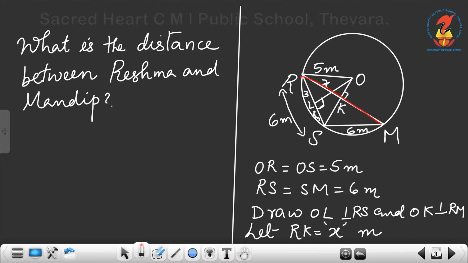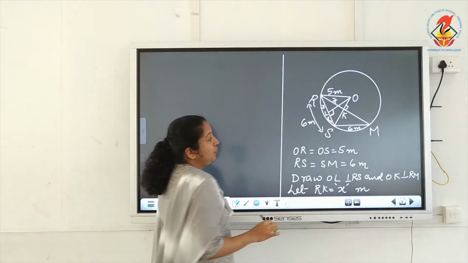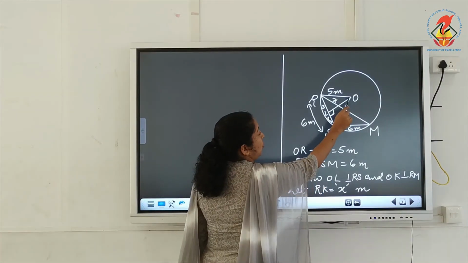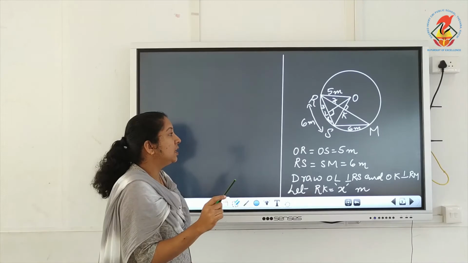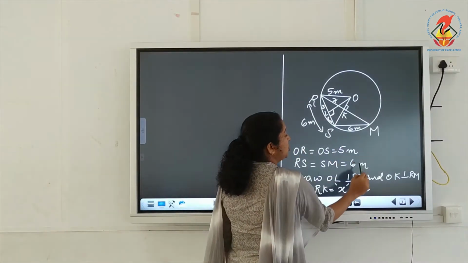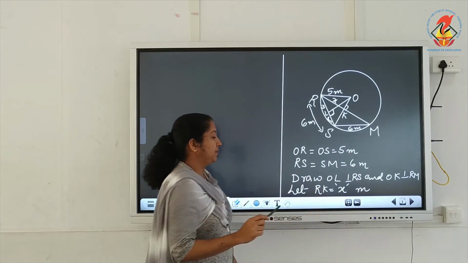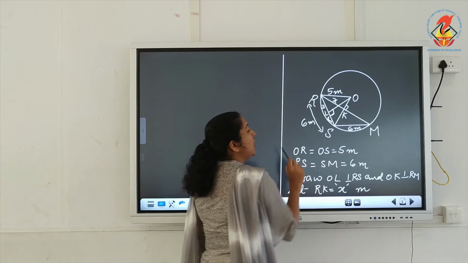Distance RM. For this, OR is equal to OS is equal to 5 meter because it is a radius. And RS is equal to SM is equal to 6 meter. We have drawn OL perpendicular to RS.